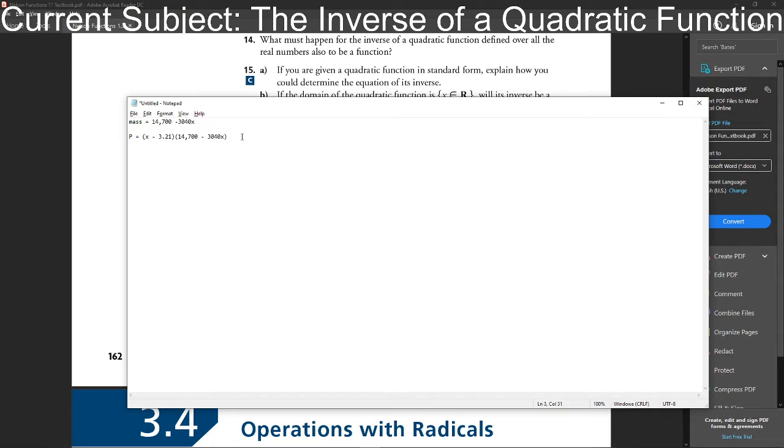Interpret its meaning. So we're gonna do y is equal to 700x, and then this is gonna be minus 3040x squared, plus 14.